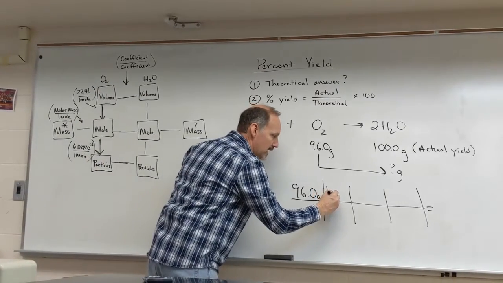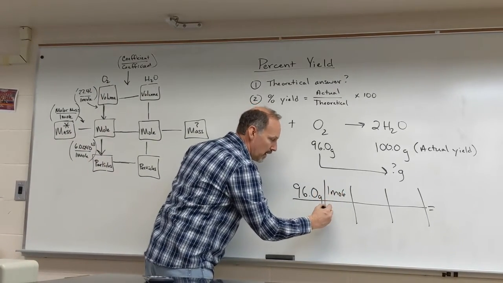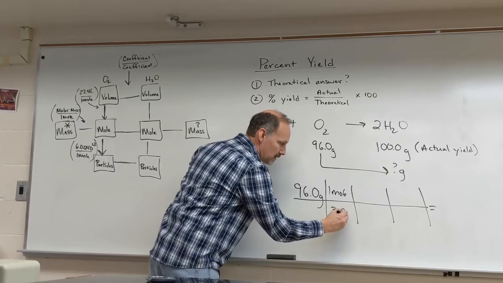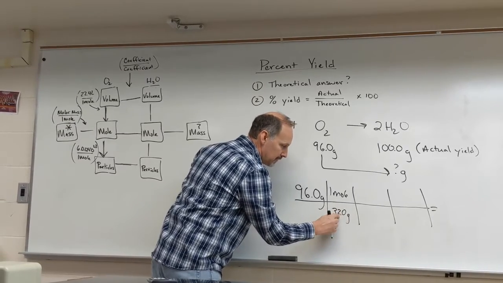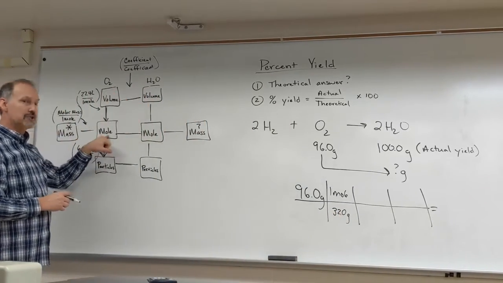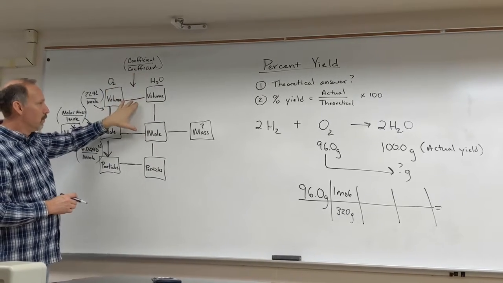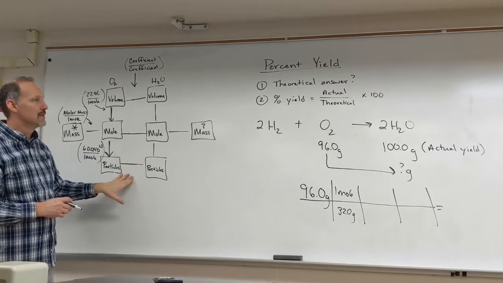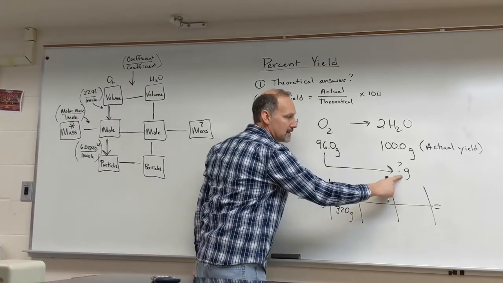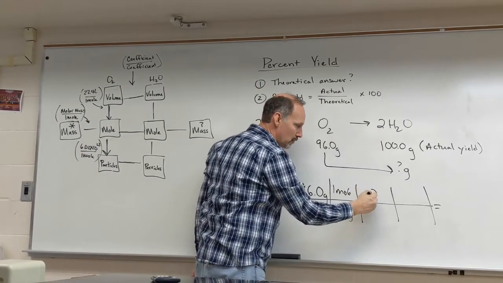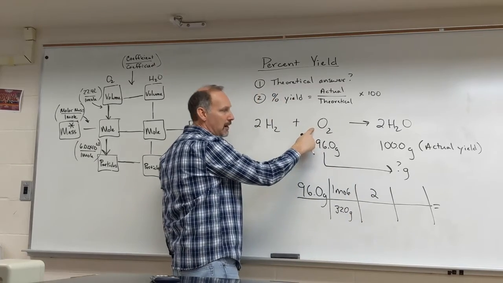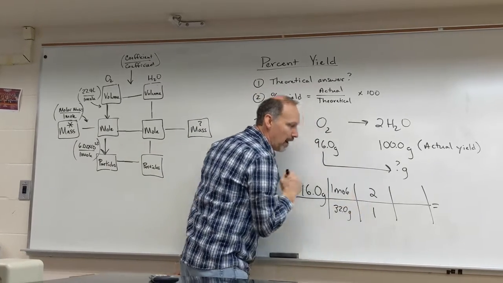Mole goes on top, oxygen weighs 32, 16 times 2, and then we have the first jump. The second jump is mole to mole. Coefficients again, no matter where we're jumping, it's always the coefficients. So the one we want goes on top, so it's 2. We're coming from the oxygen problem, so we're going to put a 1 on the bottom.